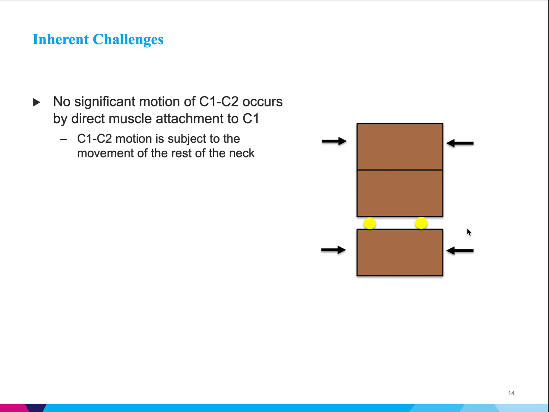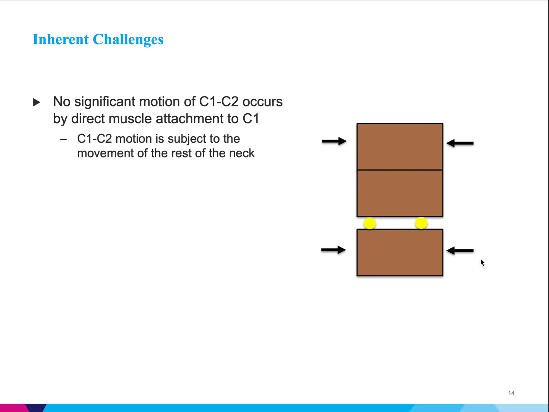No direct forces are applied to the middle box, but by virtue of it being able to move freely on the tennis balls, as you apply forces to the top and lower boxes, you will see movement of the middle box. And that's not so unlike C1-C2, where the movement is not from any muscle pulling on the C1 bone to rotate it, flex it, or extend it.